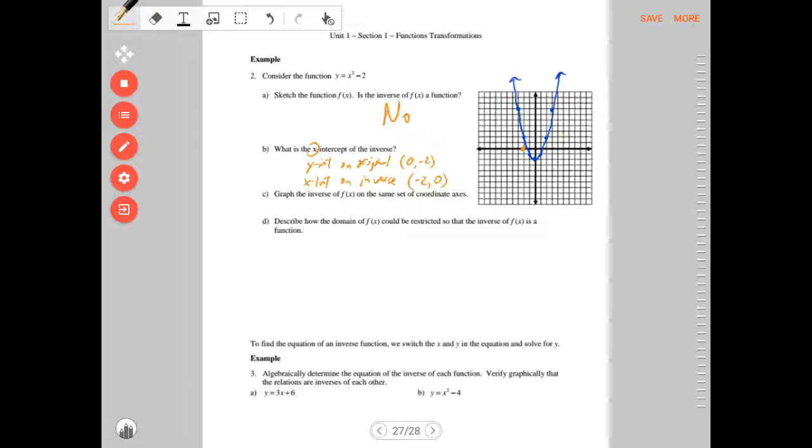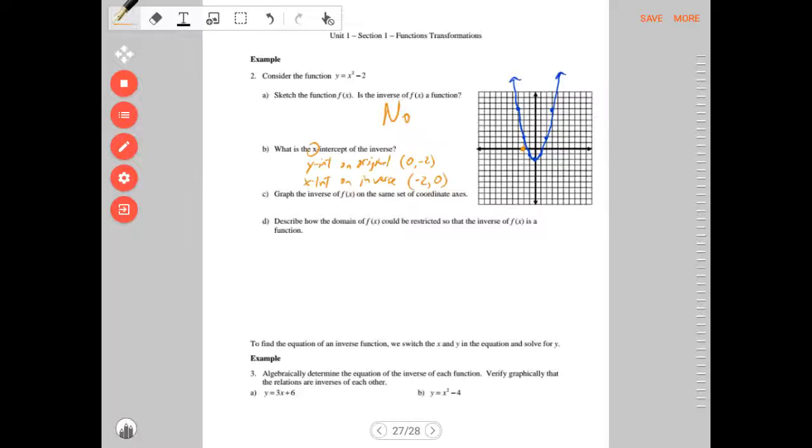Okay, now graph the inverse on the same graph. Remember the pattern. We talked a little bit about this earlier. Instead of over 1, up the odds, this is going to be up 1, over the odds. It's just the x-y pattern changes.